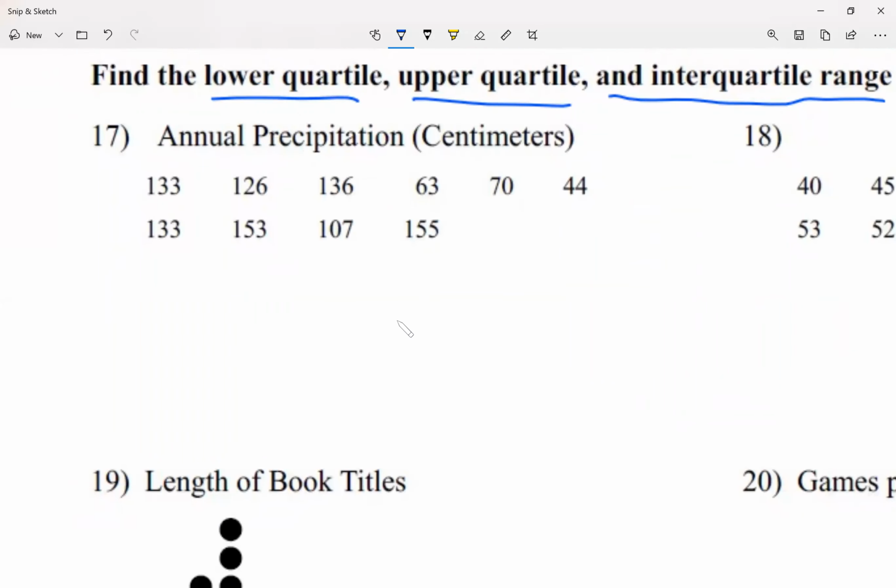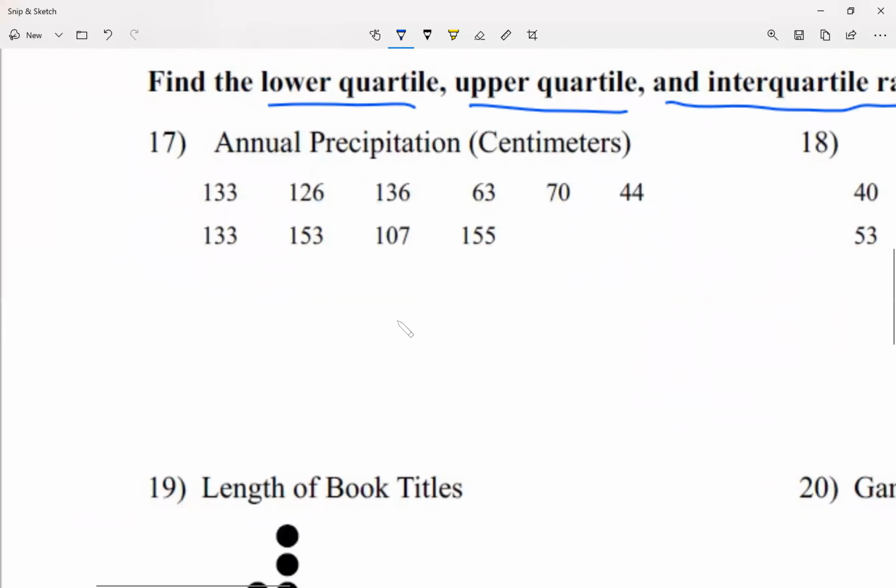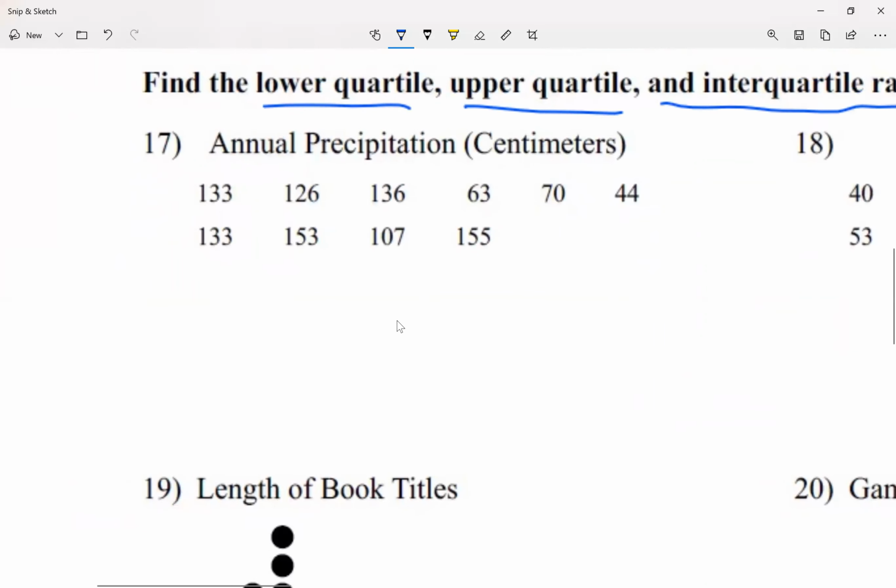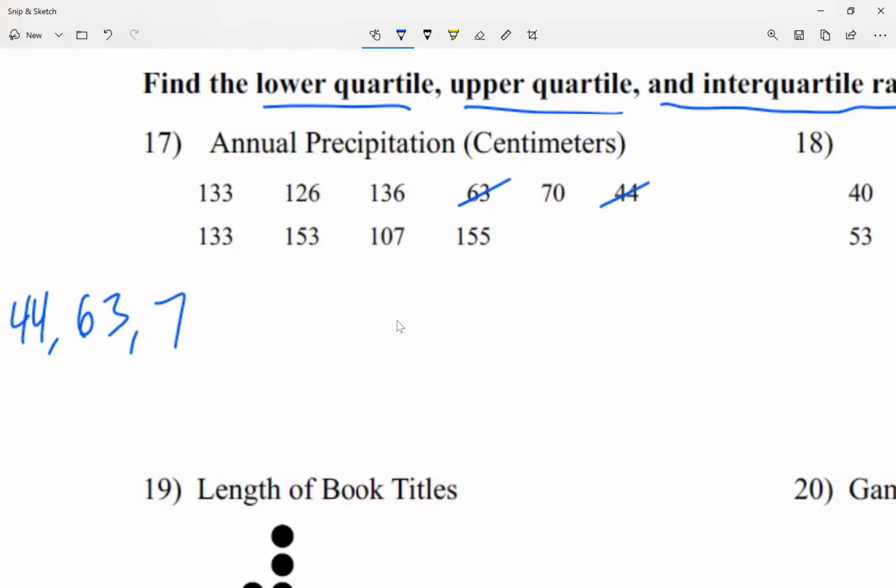The hard part of this is going to be listing my numbers from smallest to largest. All right, so it seems like the smallest number is 44. And then 63, 70. After 70, I get to the 100s.